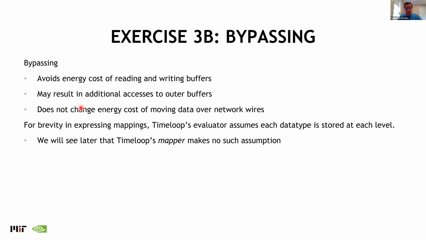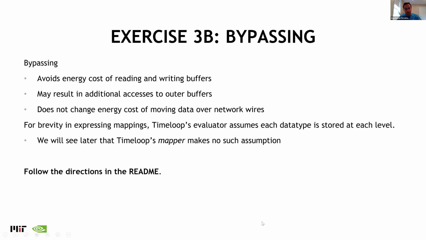I will point out that it does not change the energy cost of moving data over network wires because all of the data will have to come through the network wires. It's just whether they get stored at a particular level or not. So for brevity in expressing mappings, by default, Timeloop's evaluator, which is basically Timeloop model, assumes that each data type is stored at a particular level unless you override it. Now, the mapper does not make such an assumption.